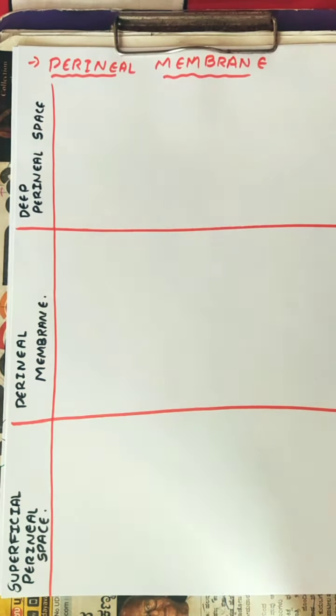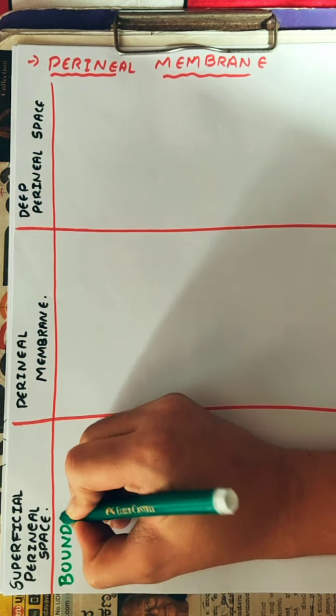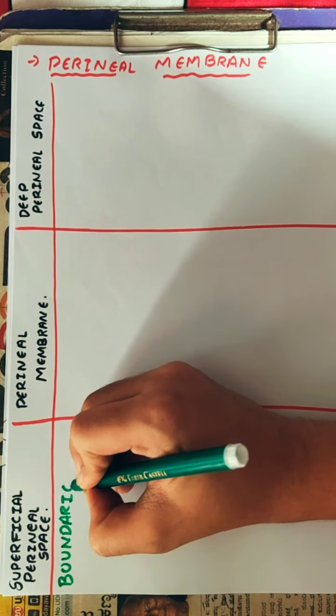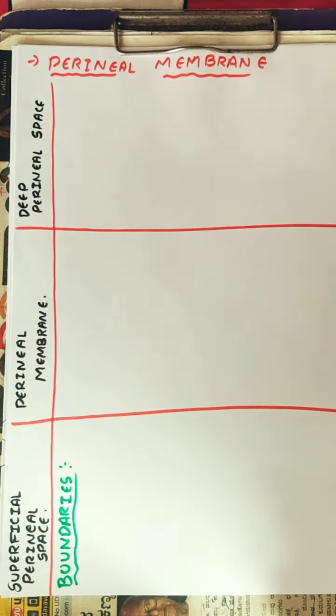Okay, first, as I said, we'll look at the boundaries of the superficial perineal space. We'll study each boundary in detail in the next video, but I'll just give the introduction of all these spaces as well as the membrane.